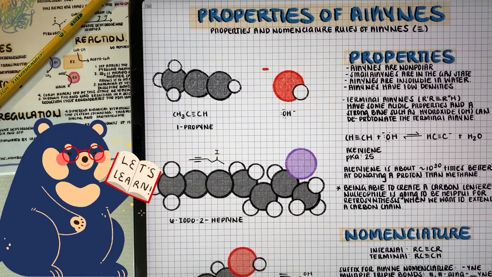On top of that, there are new types of reactions we can consider with alkynes that we couldn't consider with alkenes, such as really good reactions that we can use for carbon extension for retrosynthesis, and the fact that with terminal alkynes, that hydrogen is slightly acidic. So we're going to dive into more of these topics in future videos. I just wanted to use this video as a really good introduction to our next functional group.